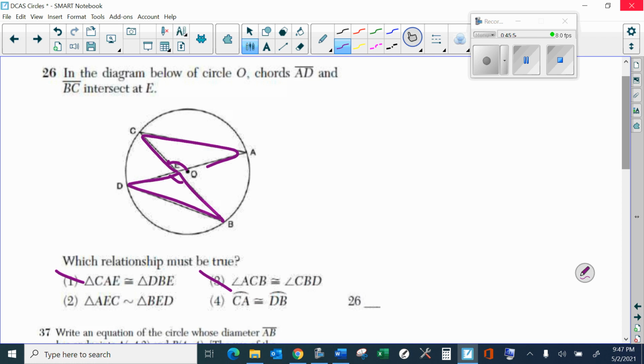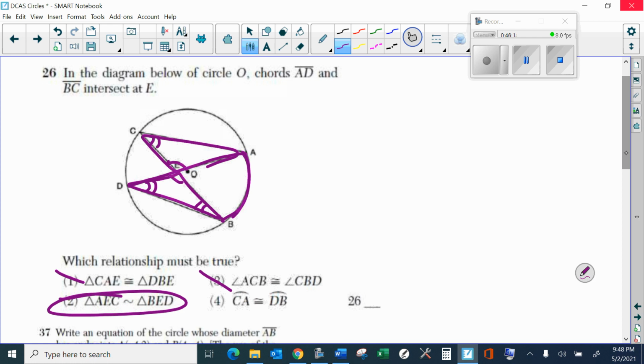We do have this A and that A there. Oh, so this angle right here is half of that arc, and this angle right here is half of the same arc. Okay, so now we have AA similarity, which makes these two also. So they're similar triangles is what we have.